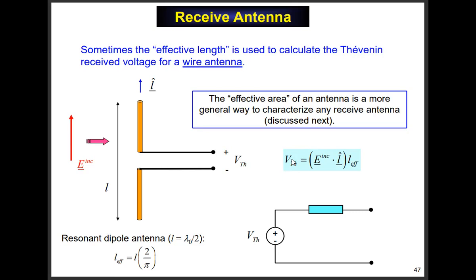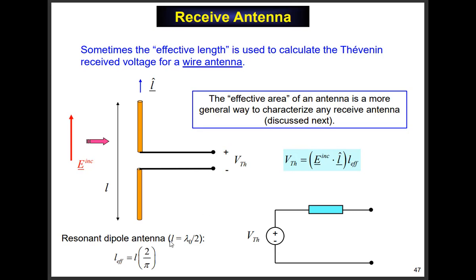Now, if you're being very naive, you might think, okay, well, if the E field is some volts per meter, I'm just going to multiply by the physical length in meters of the wire. That'll tell me the volts. Well, that's kind of the right thinking, but not exactly right. If you go through the derivation, you'll see that the effective length is not exactly the same thing as the physical length. Okay, I'm not going to derive that or explain it, but let me just say this, just for your information.